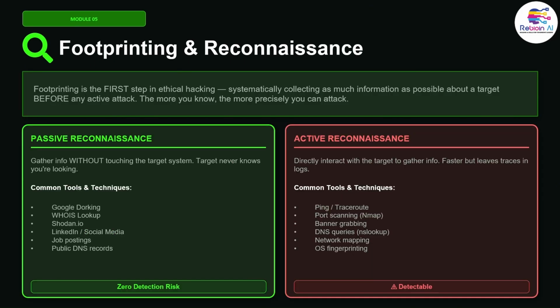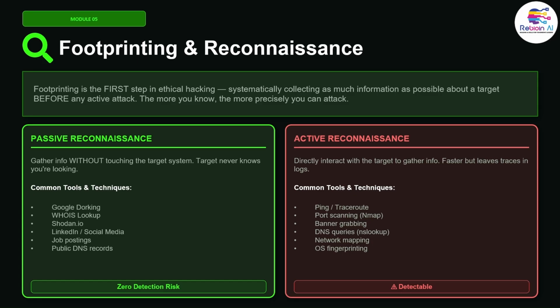It's about footprinting and reconnaissance. Now we get into the first real technical concept of today's session. Think of it in this way: a burglar doesn't just walk up to a house randomly and try to break in. They first observe the house. They watch when the owners leave.